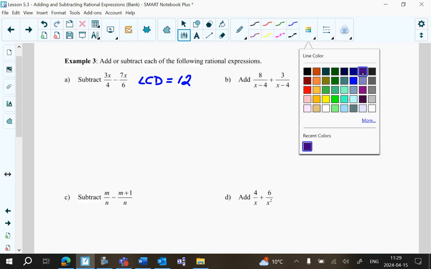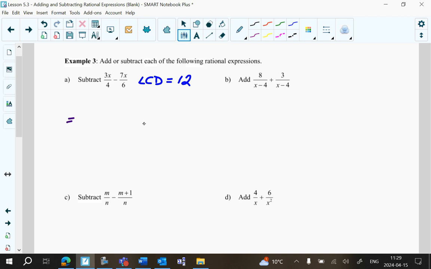We're going to make a single fraction over the LCD we just found. What must I multiply the top and bottom of the first fraction by to get to 12? What do I have to multiply 4 by to get to 12? 3. Doesn't that mean I have to multiply the top by 3 as well? So I've got to do 3 times 3x.